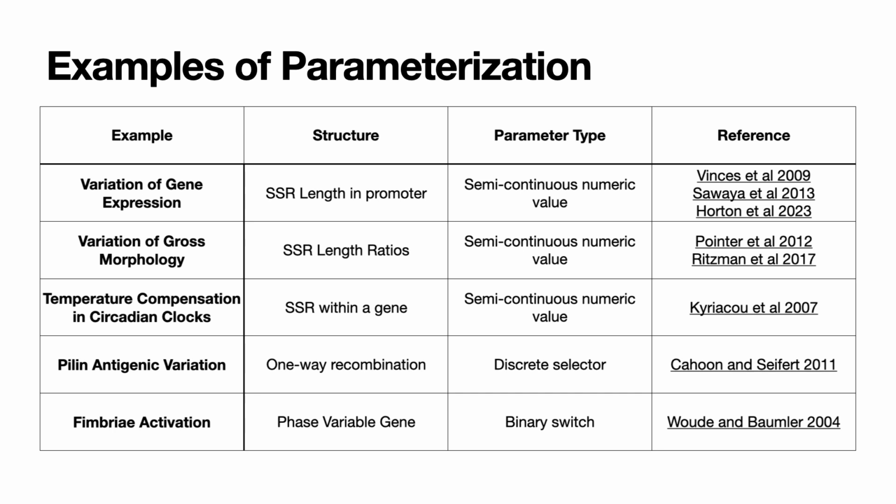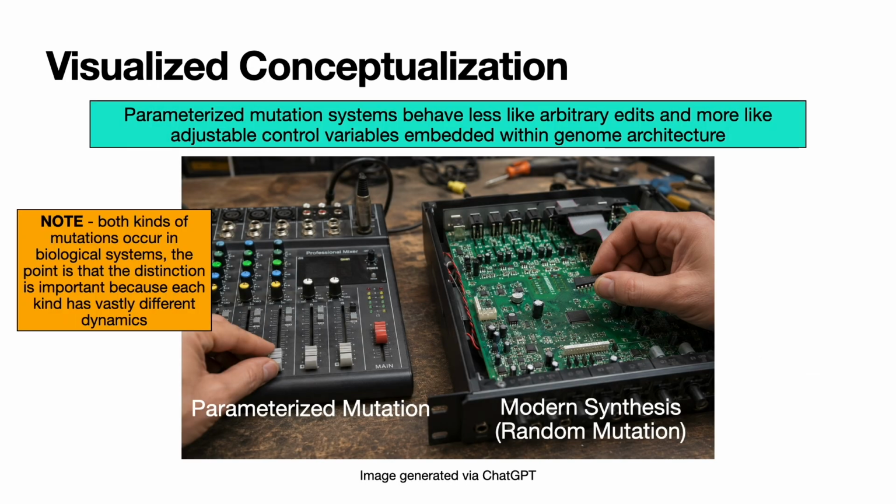Each of these adjusts a parameter of biological function in a way that is regularized with the phenotypic effect. You can see in this table all sorts of examples of parameters that have been found in the molecular biochemistry literature.